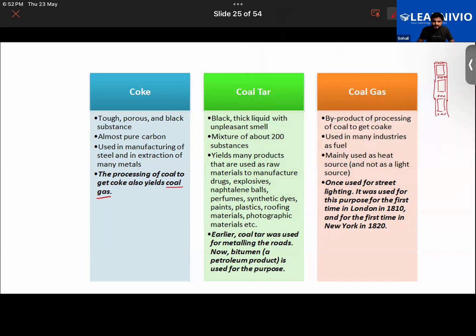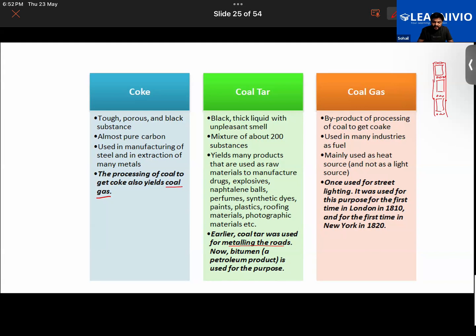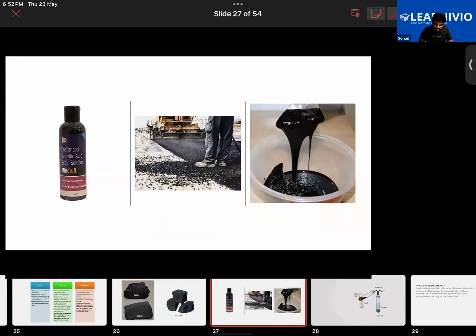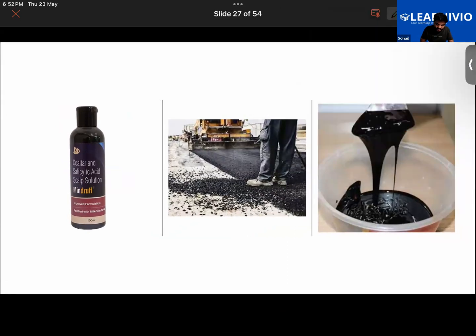Now, apart from these uses, one special use of coal tar is that earlier it was used for metalling of the roads. But nowadays, we have switched to another product. In the middle image, you can see the road is being metalled using this coal tar.